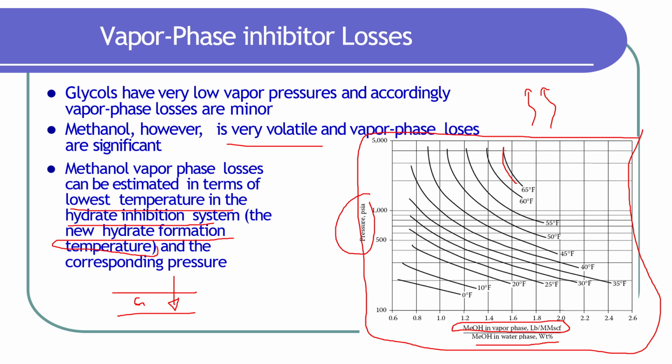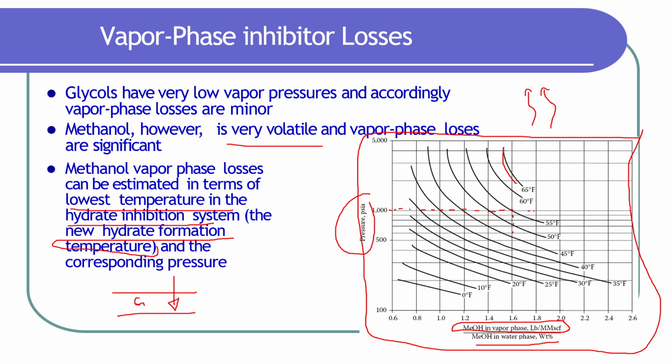So I'm going to use this chart. I need at least two pieces of information. I need the pressure. Let's say I have 1000 psi, for example. And I need to calculate the new hydrate formation temperature. Let's say that the new hydrate formation temperature will be 55 Fahrenheit.